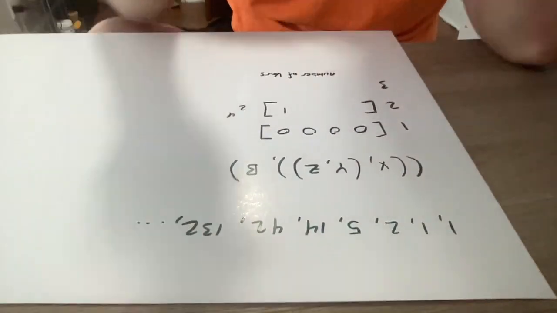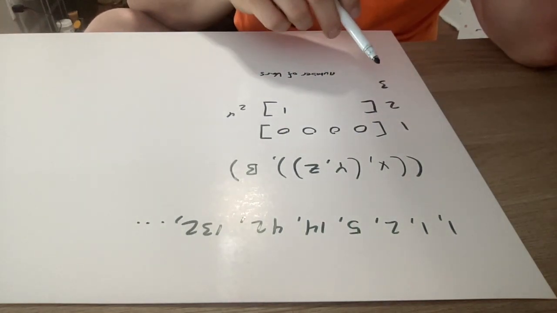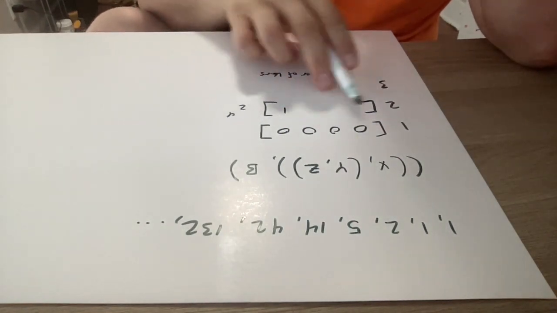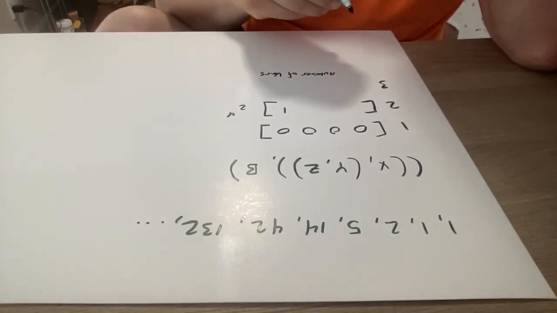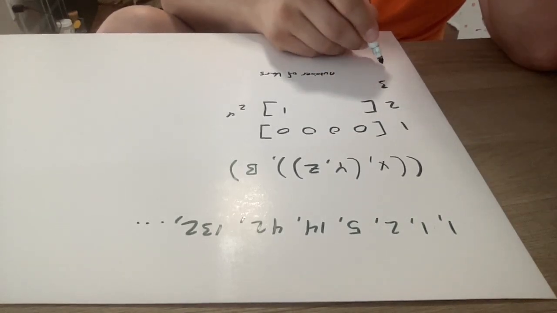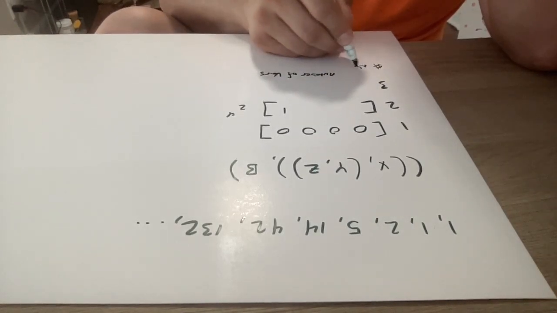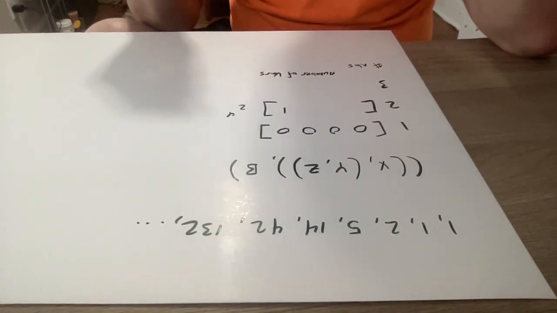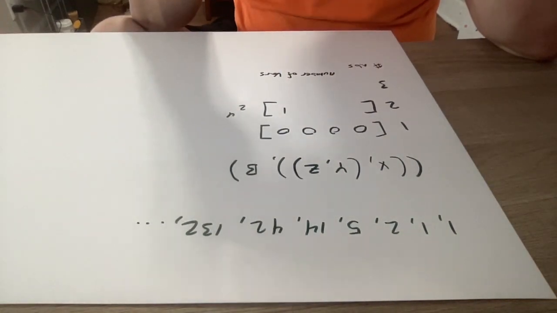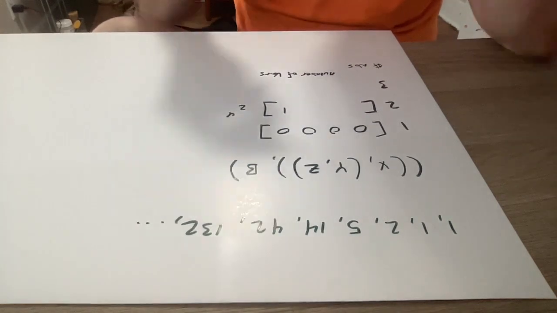So the number of abstractions would be this number, and the number of variables would be this number. I'll just write it shorthand: number of abstractions to the power of the number of variables.